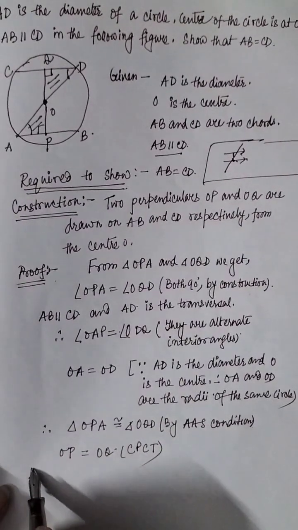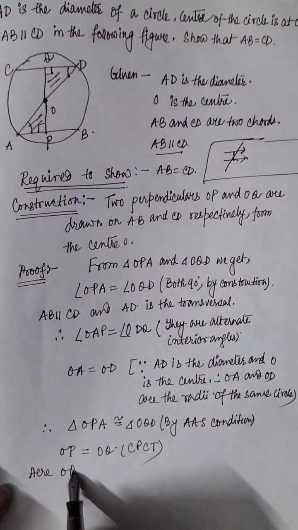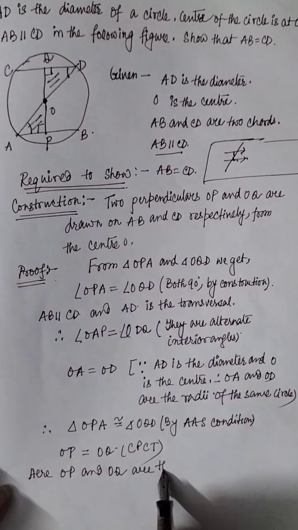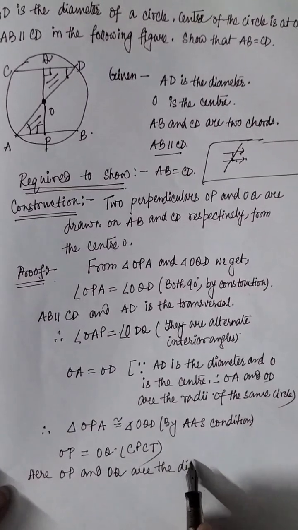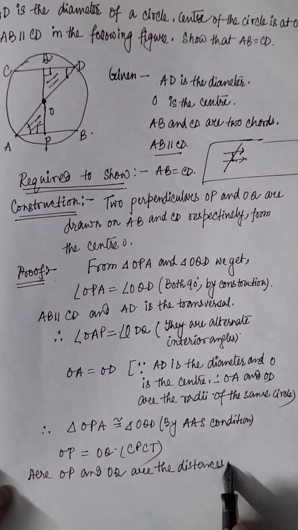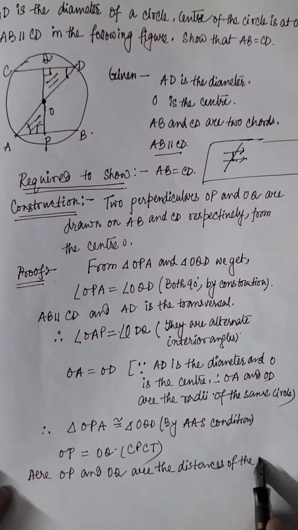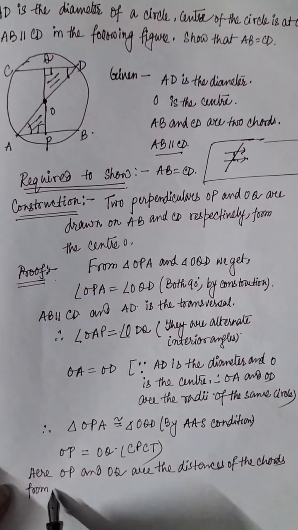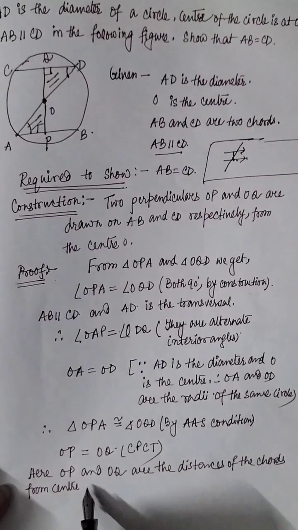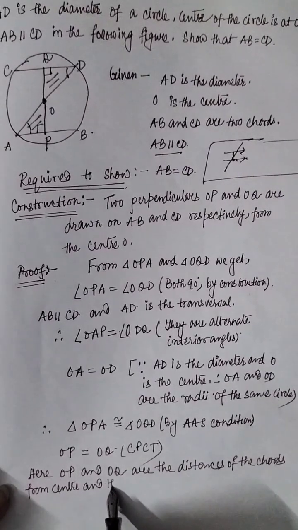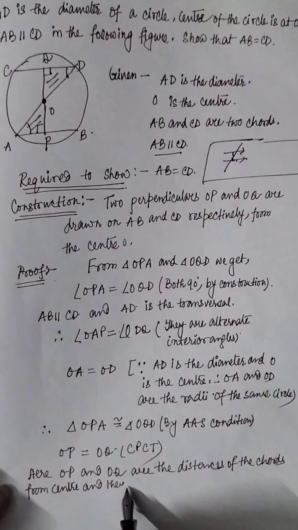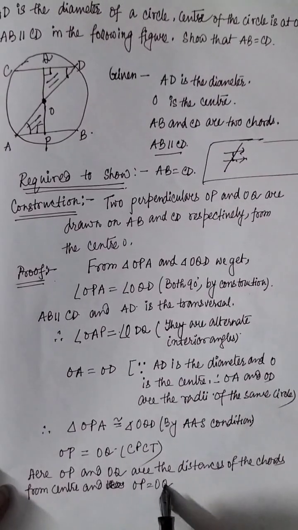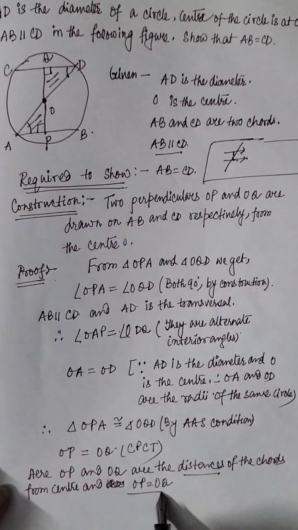Here OP and OQ are the distances of the chords from center, and they are equal. So they are distances and they are equal.